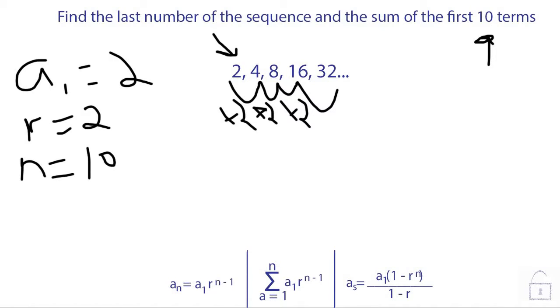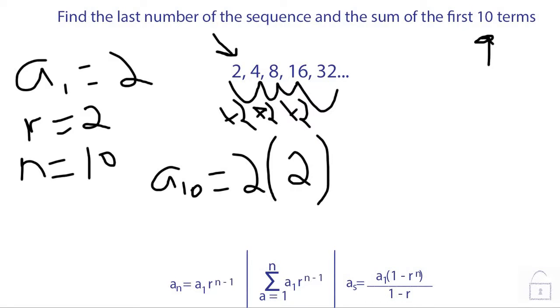Alright, now we can write out this equation. a10 is equal to a1, so 2, times r, the common ratio, which is also 2, to the n minus 1 power, so 10 minus 1, which is equal to 9.